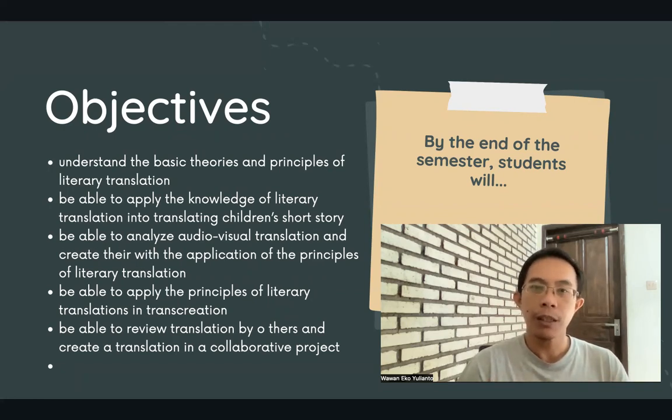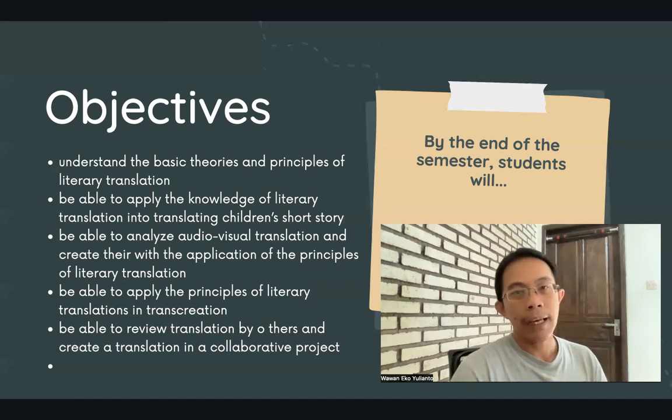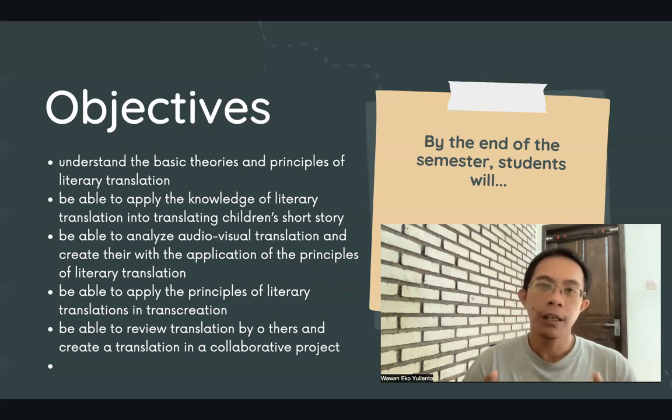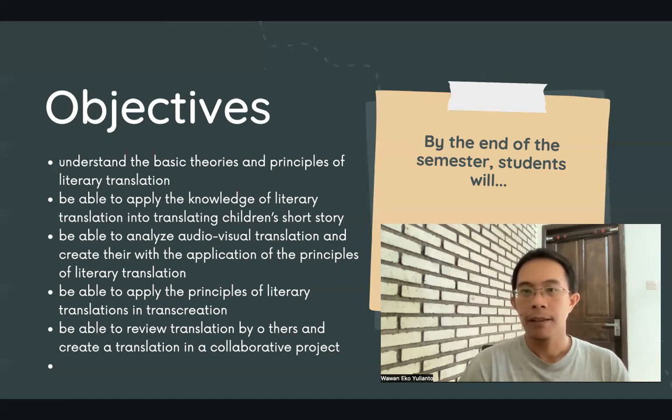After that, you will learn one theory called transcreation, where you will also apply that principle in adapting a literary work or translating a commercial, an ad. And last but not least, you will be able to review other people's translation and create a translation in a collaborative work. So these are the objectives of this course.